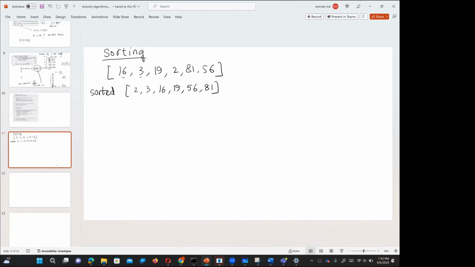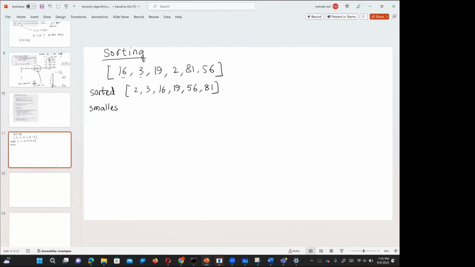Your parent may know what an algorithm is, but suppose he has no idea about algorithmic concepts, still he can sort this, right? How will he sort this? First, look for the smallest number. Yes, he will look for the smallest element, right? So that is the most naive way.